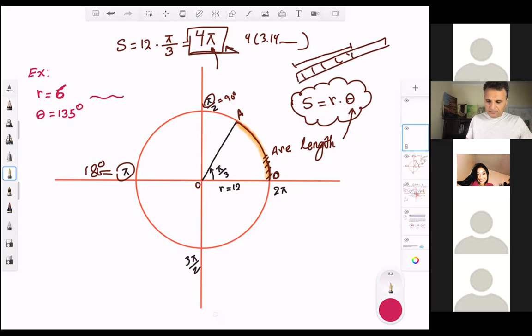My question is, what is S? So S means arc length, right? Can you tell me what is S?